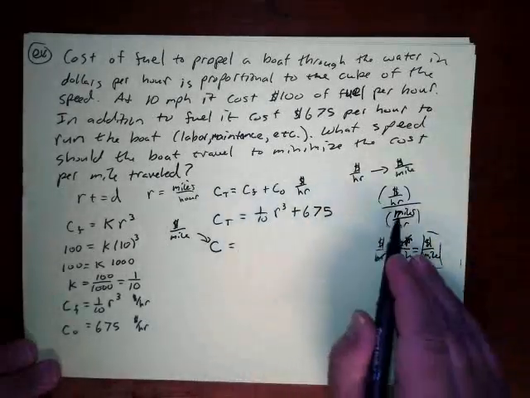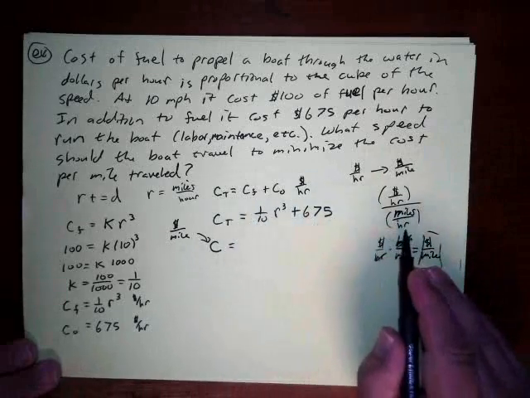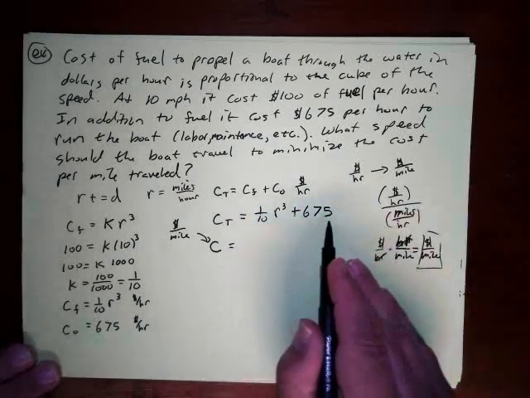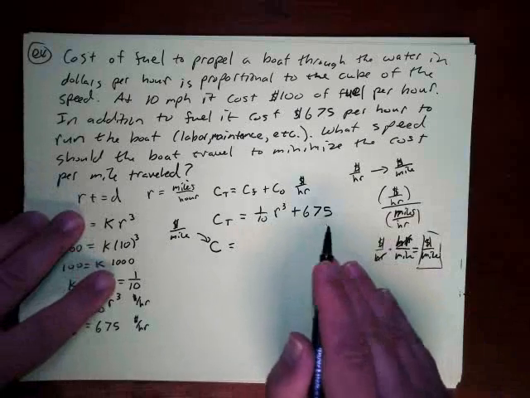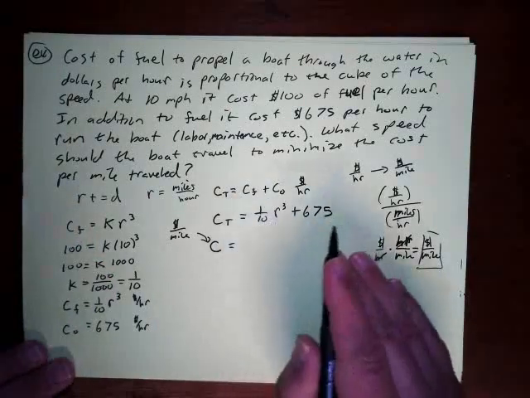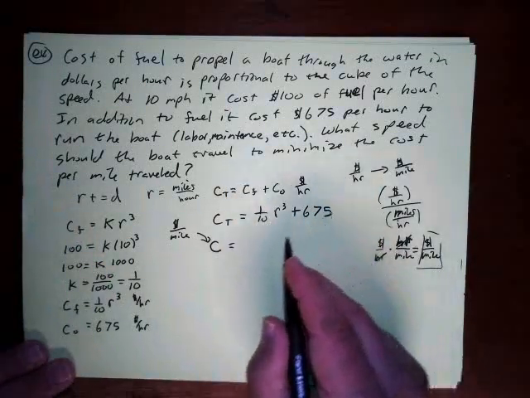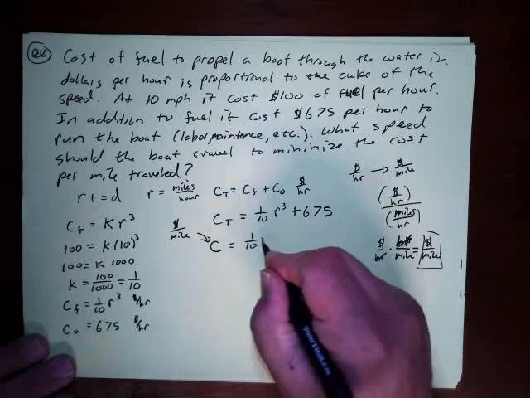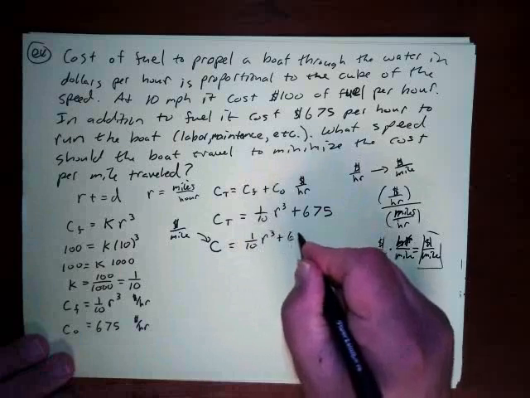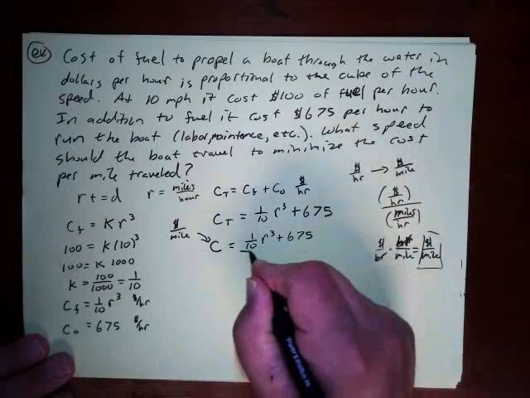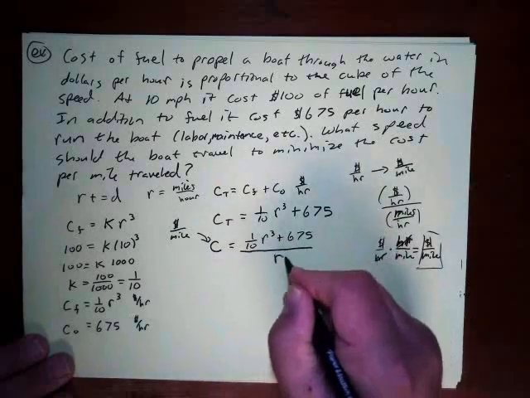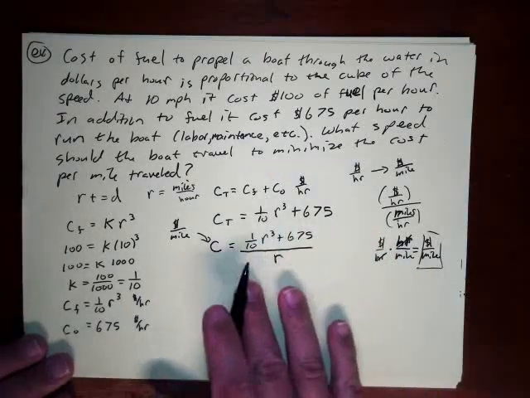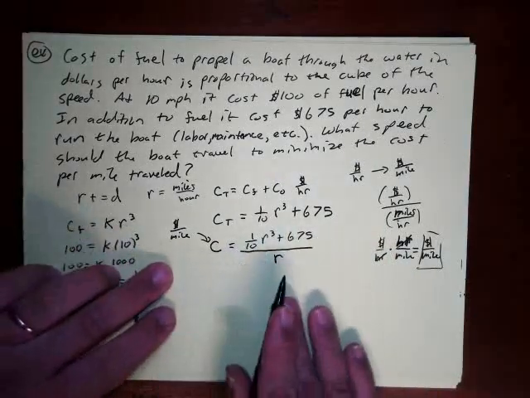So what it looks like is I have to divide this thing by miles per hour. So what is miles per hour? Well, that's the rate. So what I have to do is divide the whole thing by R. So the real function that I want is 1/10 R cubed plus 675, all of that divided by the rate. And that's going to give me dollars per mile.